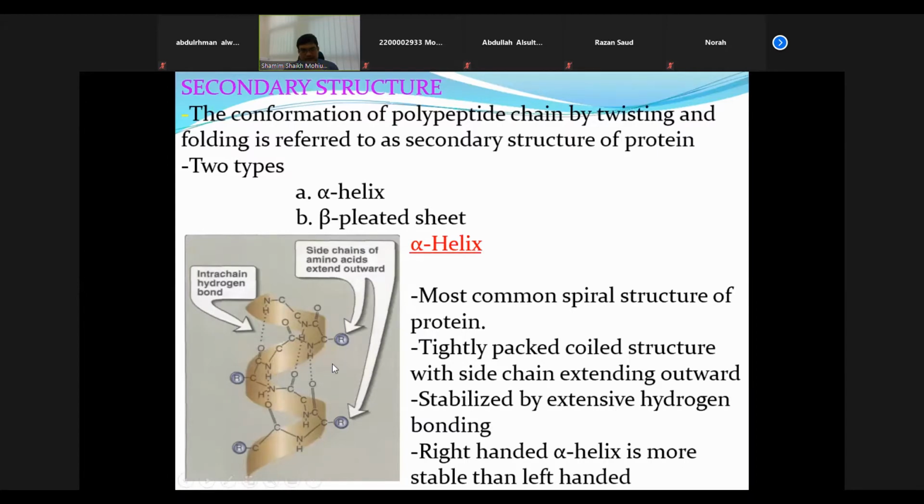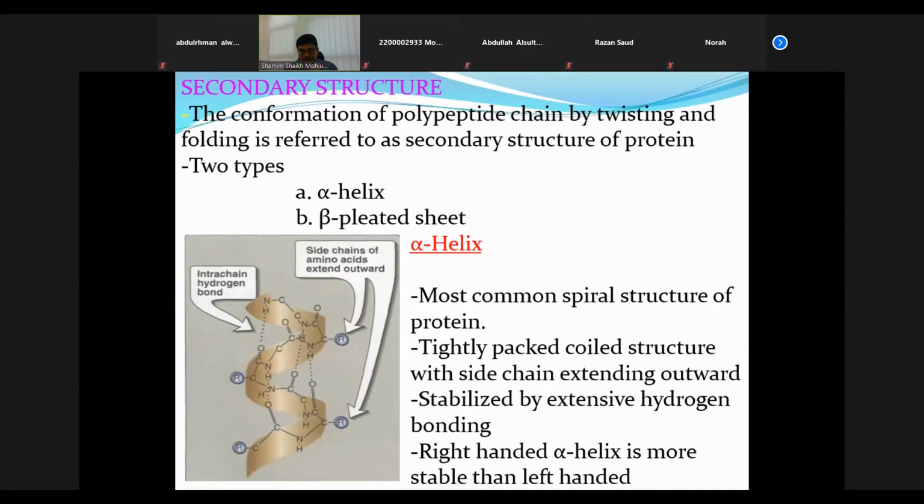Only the side chains extend out. What are the side chains? I told you in the structure, the R is the side chain, and for different amino acids, these R groups are different. Do you remember this?